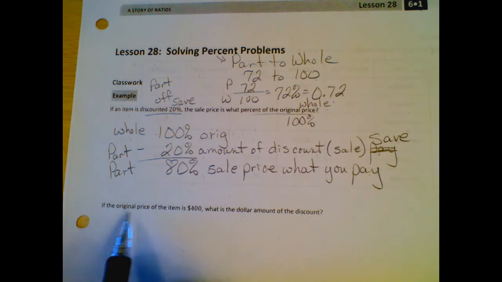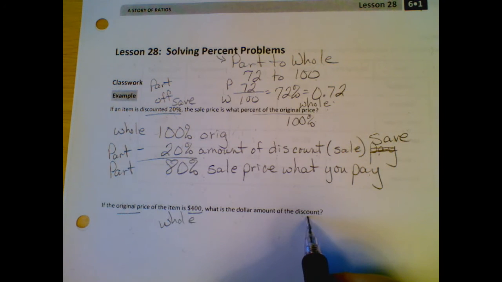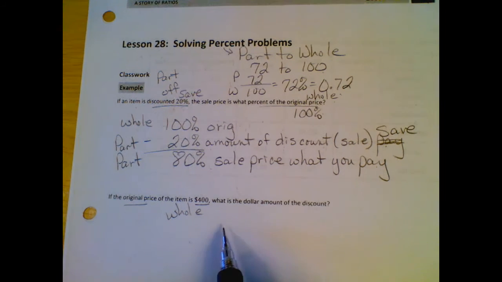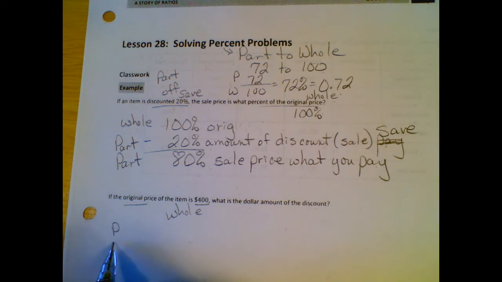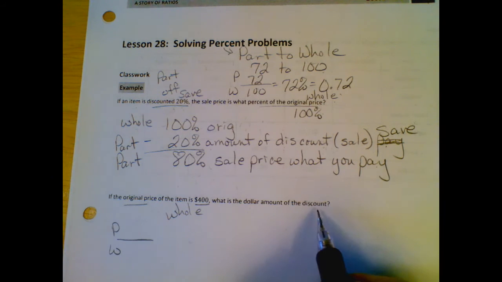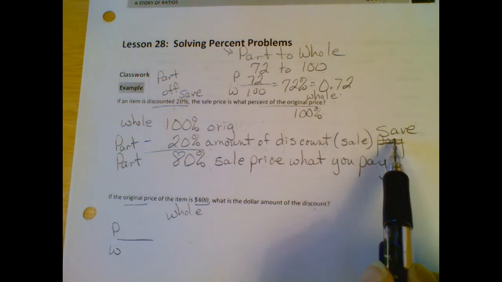So I wanted to be very specific with this because it's going to help with the backside as well. So if the original price is 400, this is our whole. What's the dollar amount of the discount? Okay, so what I need to do is find the part to whole, the dollar amount of the discount. Well, the discount is 20%. That is what you save.